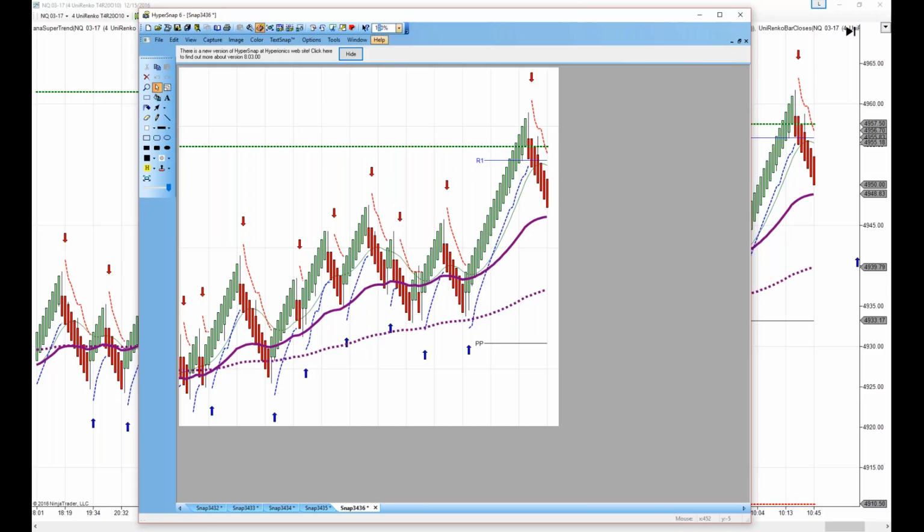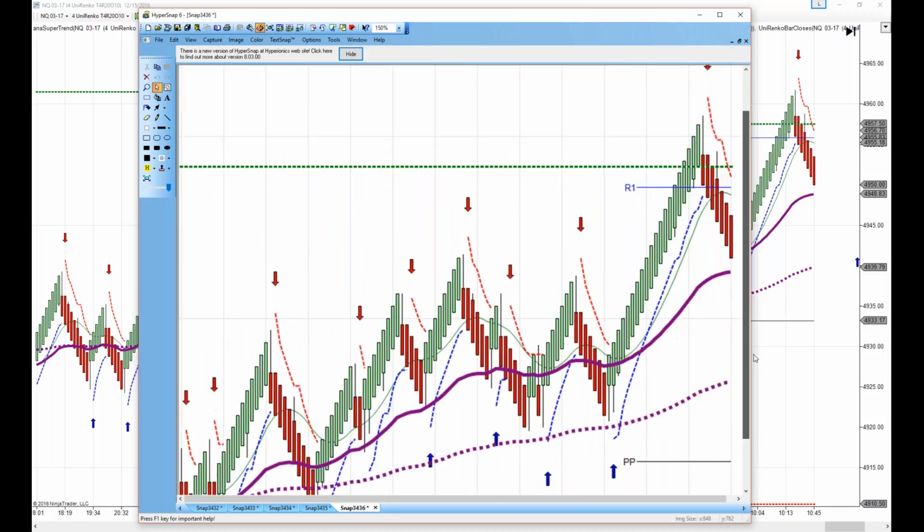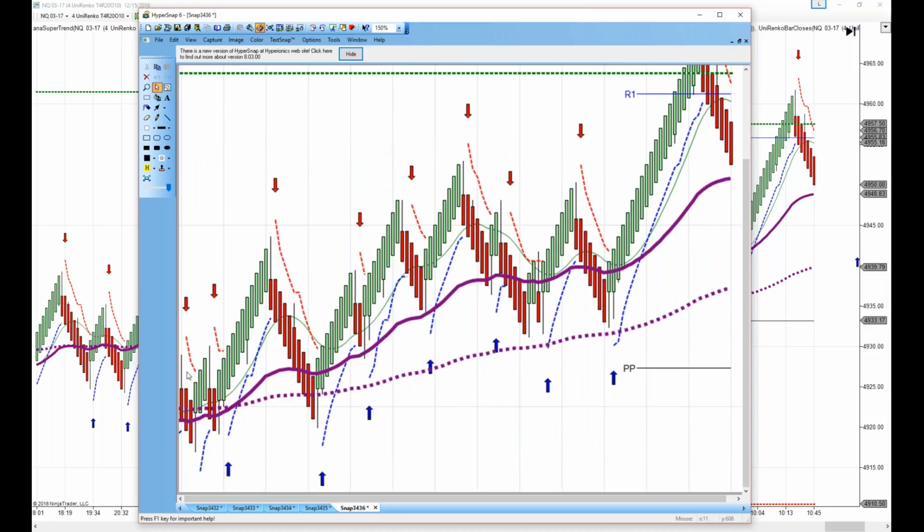Hold on, I'm trying to blow it up so you can see it better. All right. So this was kind of a bumpy ride. Here we have the 50 moving average above the 200, right? Okay, so we're looking for buying opportunities.